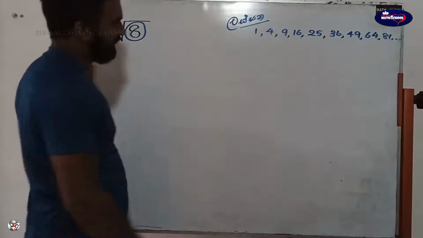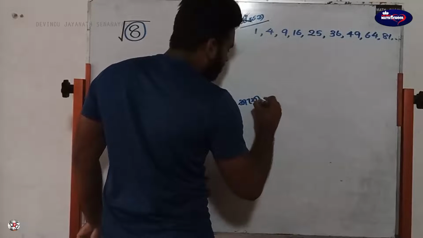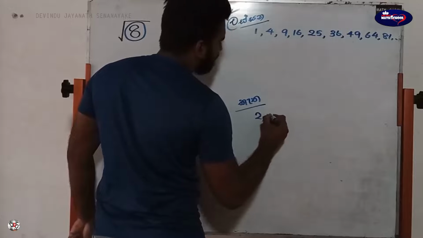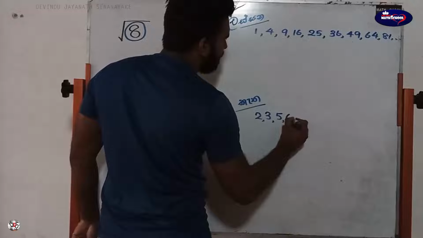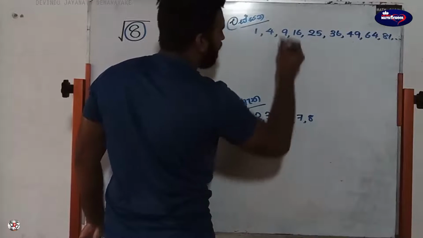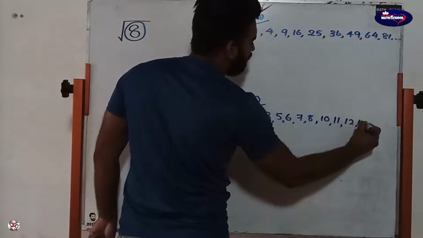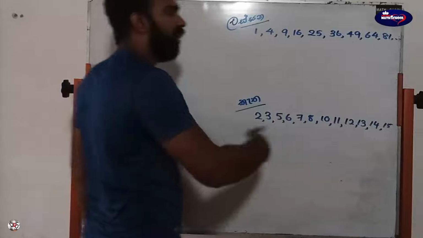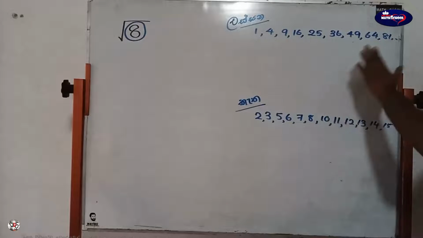And the kata numbers, other than these, all are katai to me. So 2, 3, 4 is there, 5, 6, 7, 8, 9 is there, 10, 11, 12, 13, 14, 15, 16 is there, again 17, all those things are katai to me. These are nice to me, these are not nice to me.